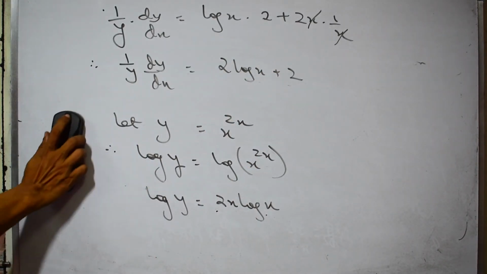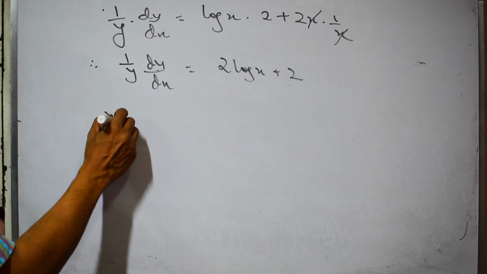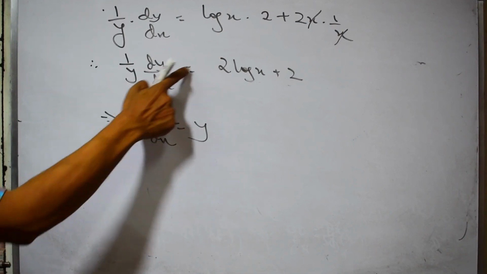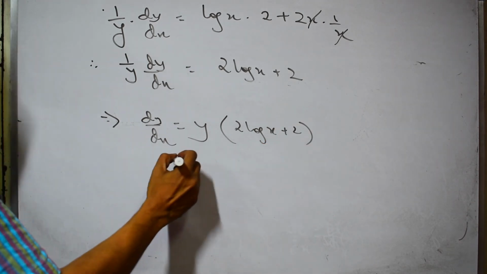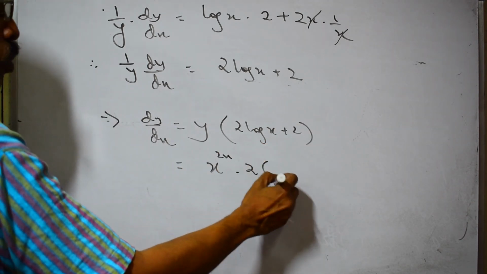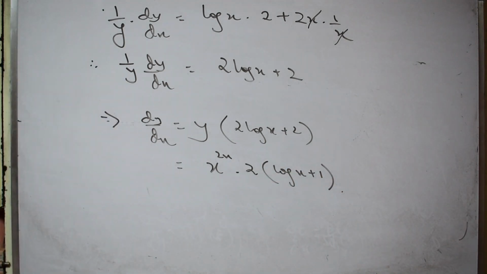Now the final answer: dy/dx = y(2 log x + 2), and y is x^(2x), taking 2 common, dy/dx = 2x^(2x)(log x + 1). This is the answer for logarithmic differentiation.